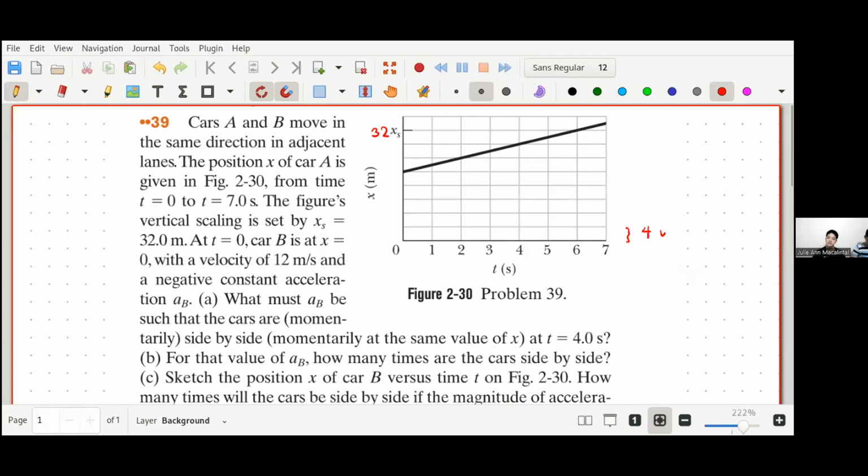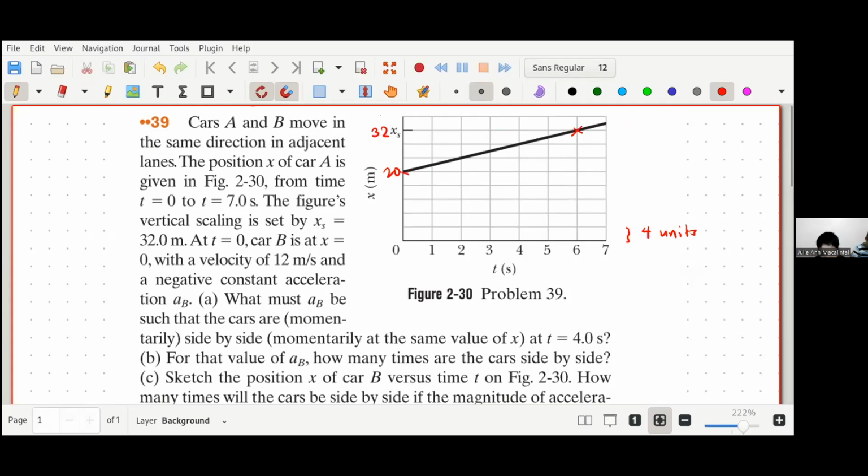Tapos, at t equals 0, so if this is 4, 1, 2, 3, 4, 5, so this is 20. And nasa gitna, so 32, 36. So this should be, dahil nasa gitna siya, 34. Or, since mahirap basahin yan, ang tingnan natin yung ito.